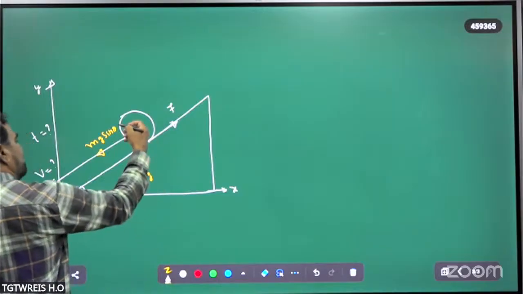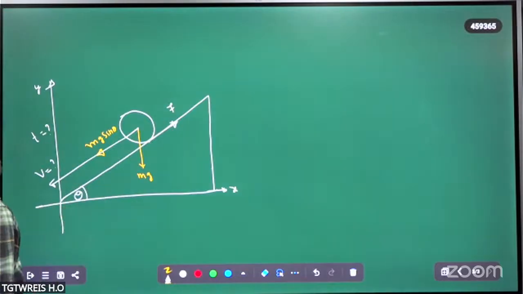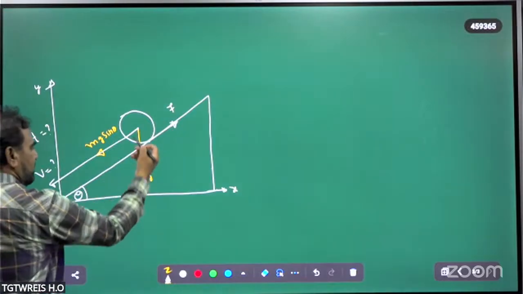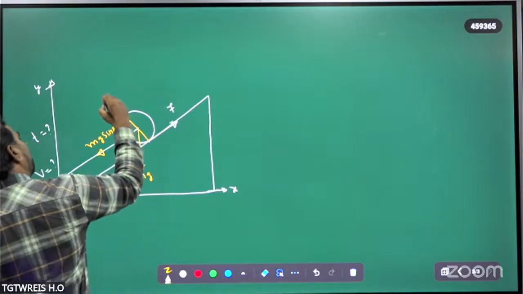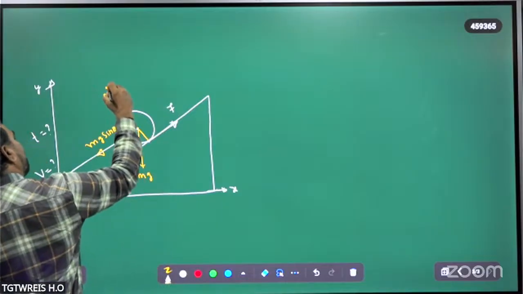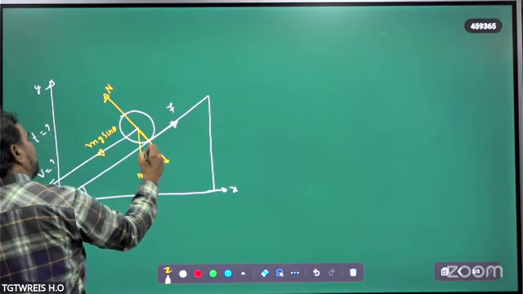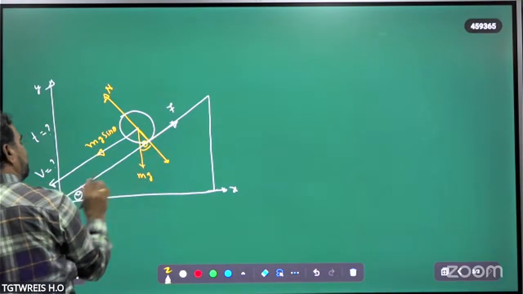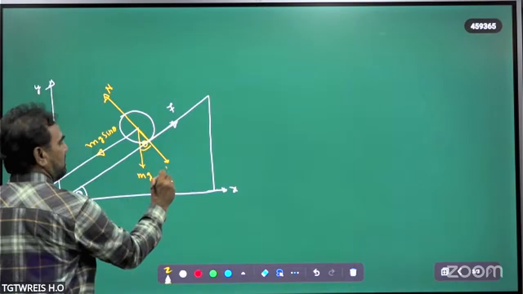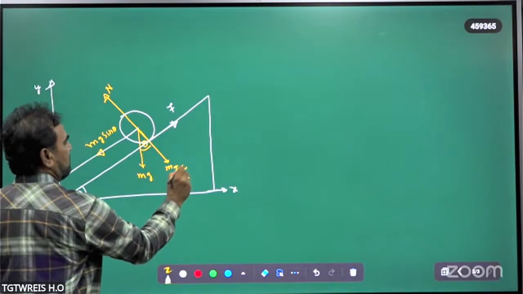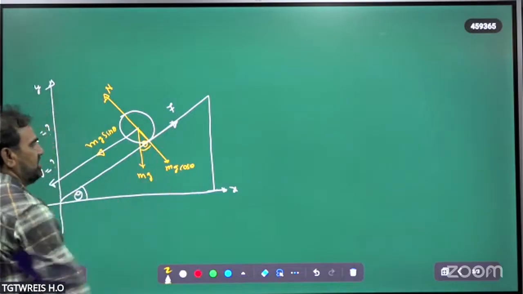Mg sin theta is acting parallel to the plane, and mg is acting downward, and the normal reaction force will act upward like this, making the same angle theta with which we have inclined the plane. Mg can be resolved into two rectangular components: first mg cos theta, and second mg sin theta.